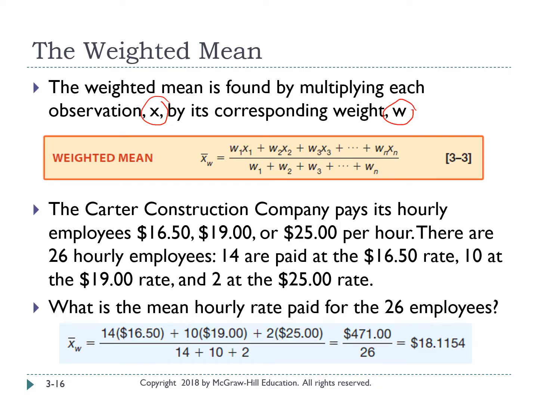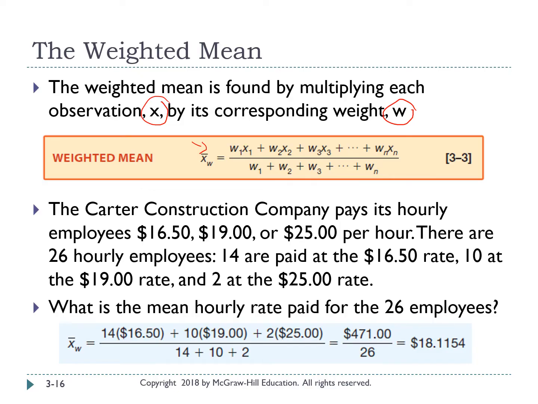So let's look at the formula. You have x bar. What is x bar? X bar is your sample mean. So x bar with small w, the weighted mean, equals weight 1 multiplied with x, your observation 1, plus second weight multiplied with its own observation and so on. And you have to divide it by all the weights.